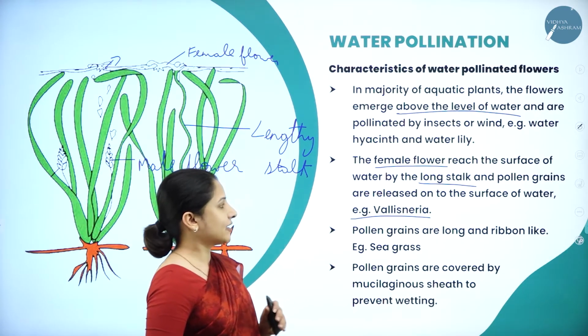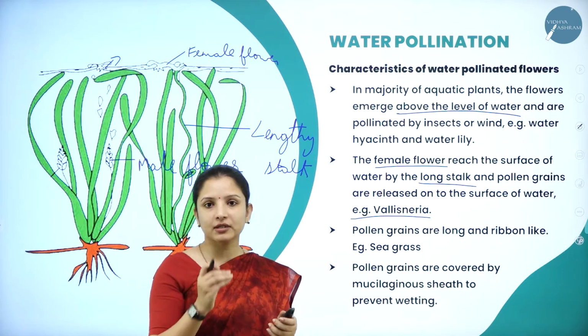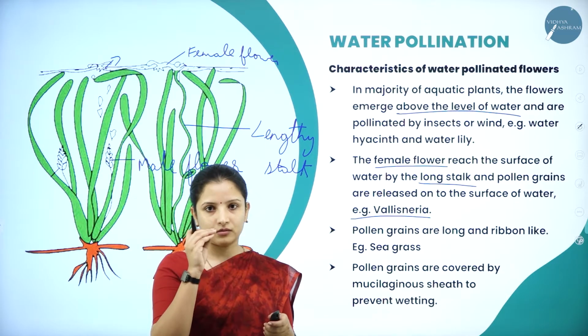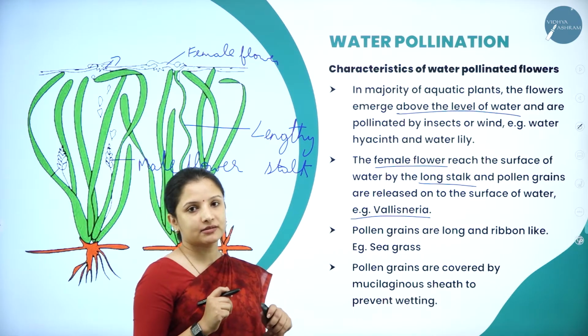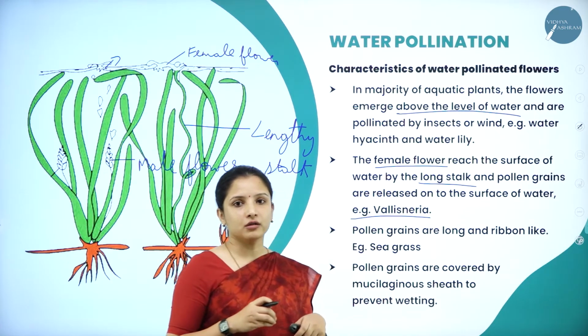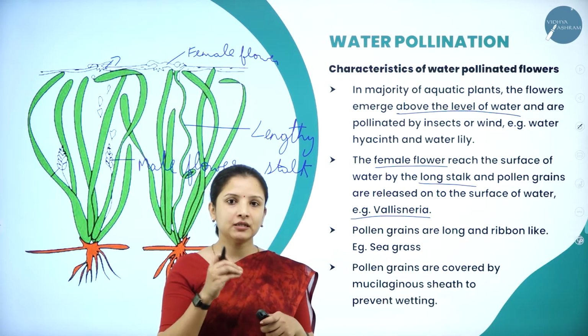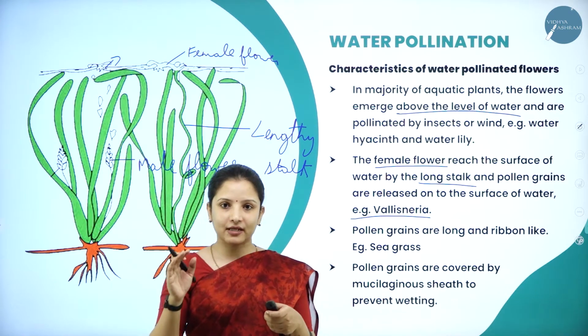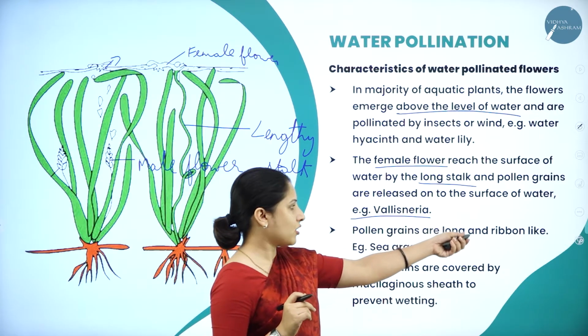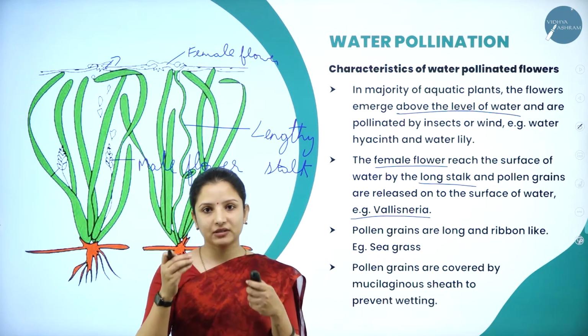And there are some characteristics in the pollen grains of the water pollinated flowers. One of the best characteristics is that they are long. I hope you have seen that something ribbon-like will float easily, right? That is why they are long and ribbon-like. The best example is a kite.